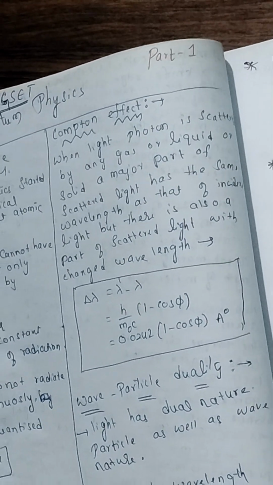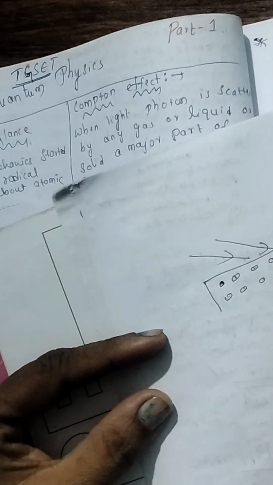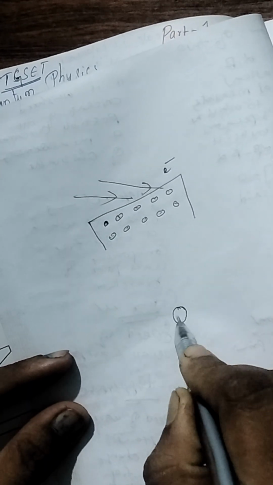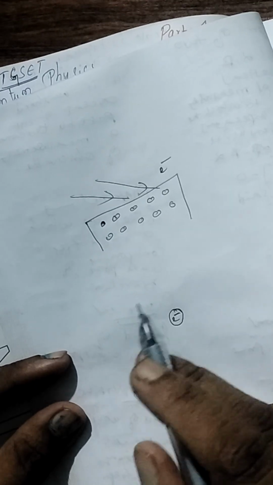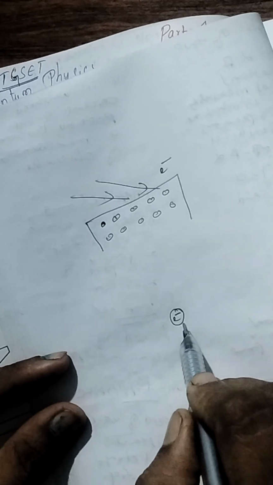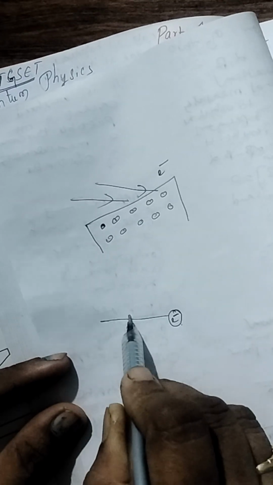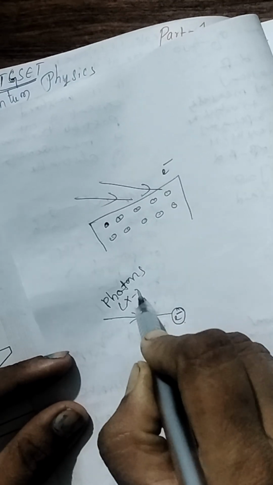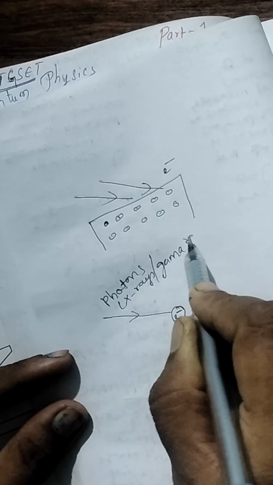Now next, let us move to the Compton effect. First, I will give a general explanation related to the Compton effect. Now here, a free or a loosely bound electron is present. Now, the high energy photons, here high energy photons means we can assume X-rays or gamma rays, right?